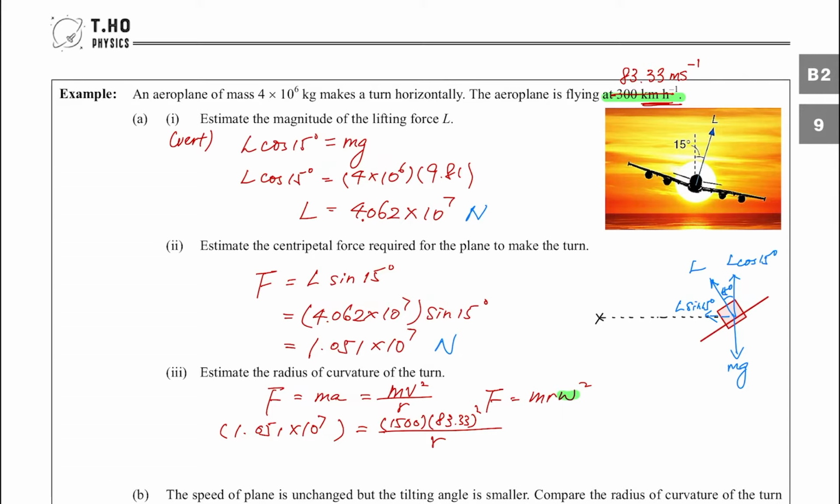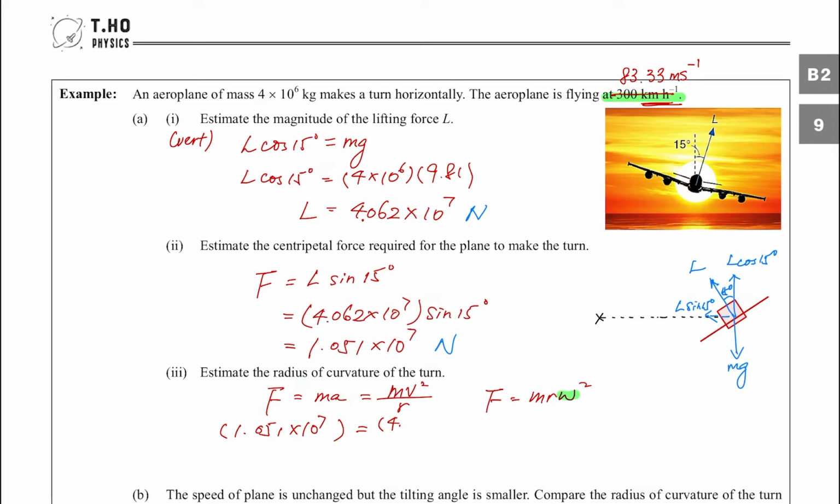So solving this, oh sorry, I have put the wrong mass. Let's do it again.